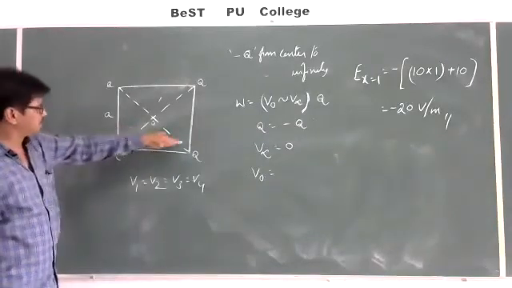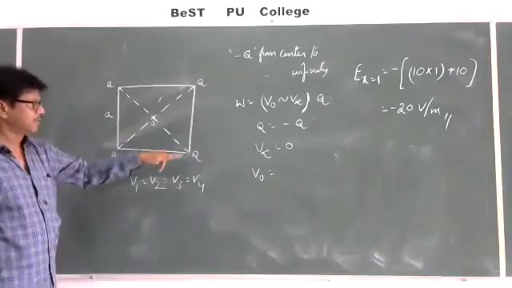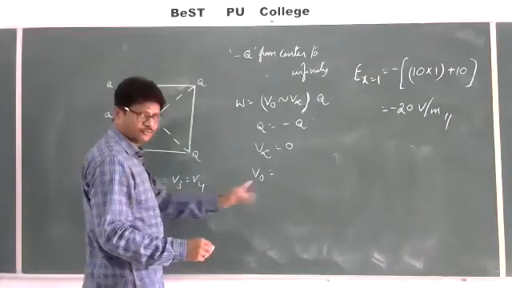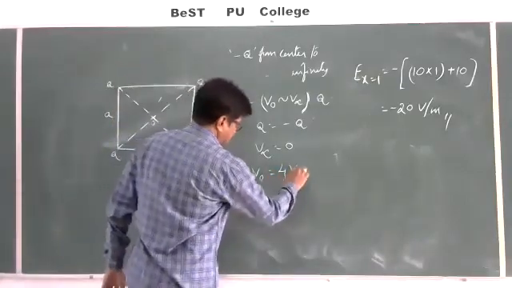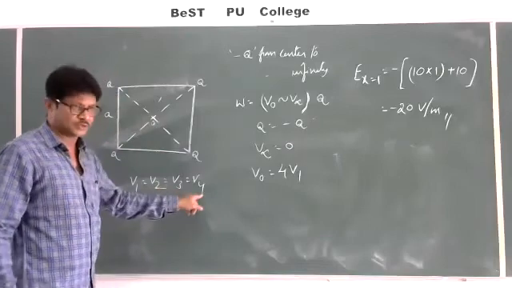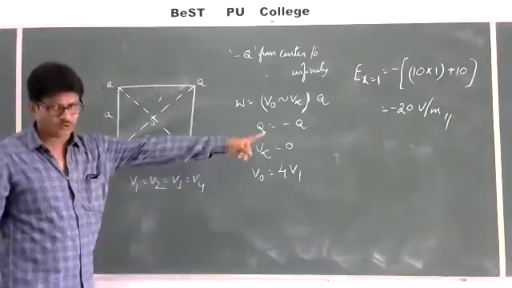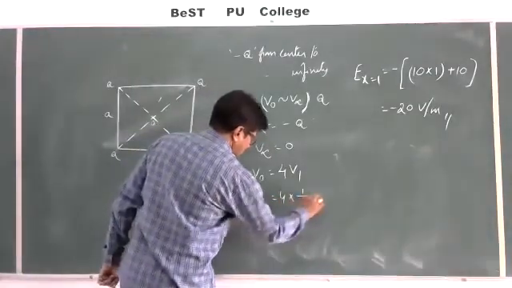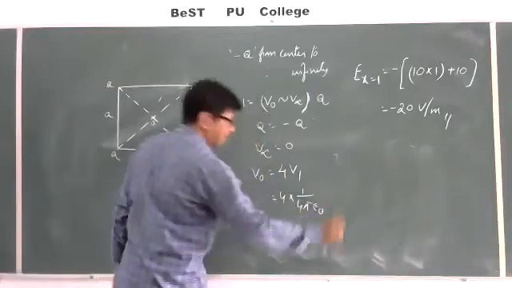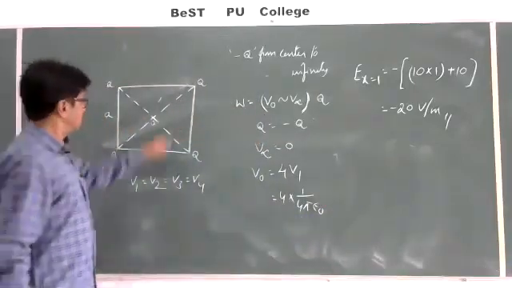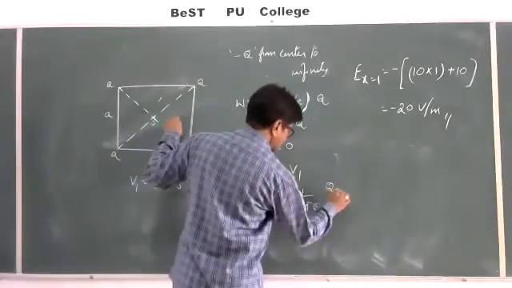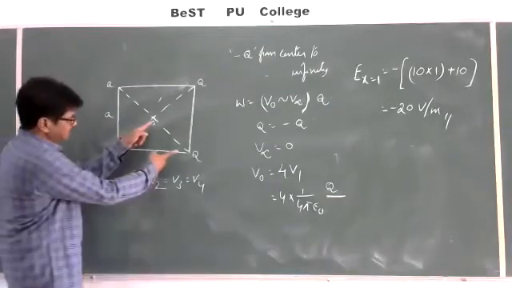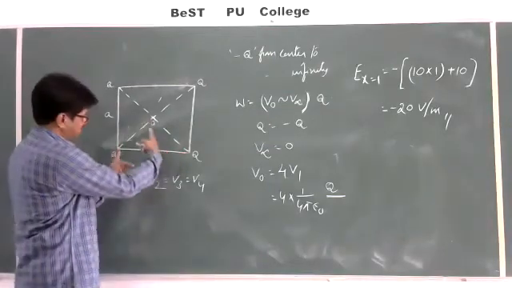Since the potential is a scalar quantity, the total potential at O we can get by adding V1, V2, V3, V4. So V1 plus V2 plus V3 plus V4 is equal to 4V1, which is equal to 4 into 1 by 4 pi epsilon naught, the charge Q divided by this distance.